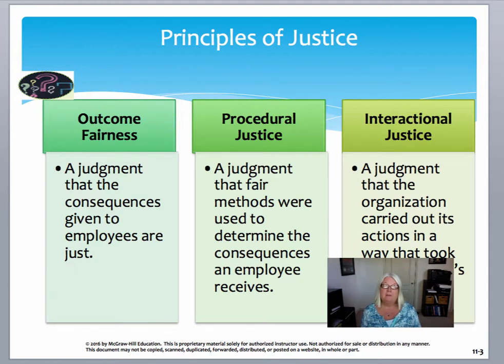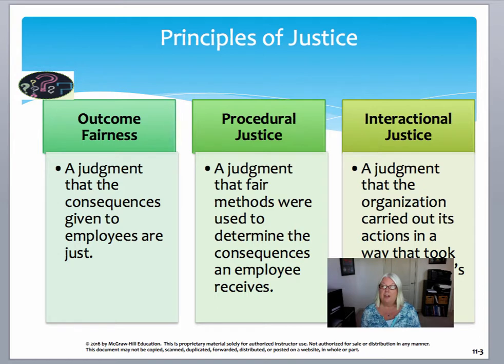So it has outcome fairness, that the consequences given fit whatever happened in the situation. Okay, and then employees perceive there to be procedural justice, or the methods that were used to determine the consequences were fair.